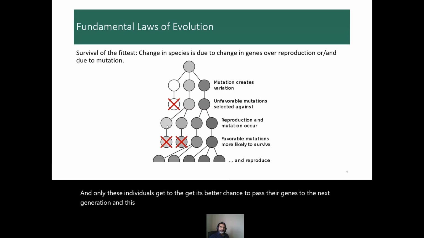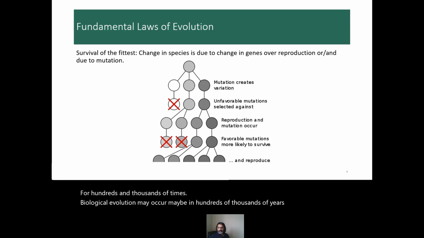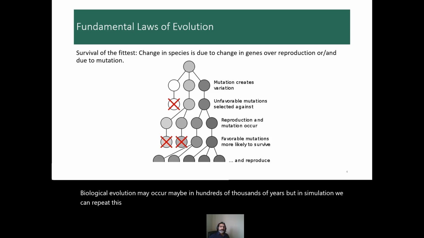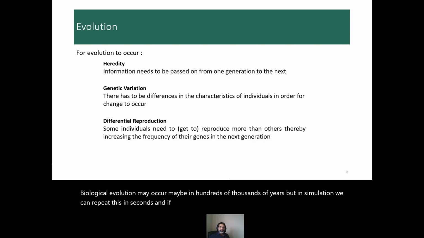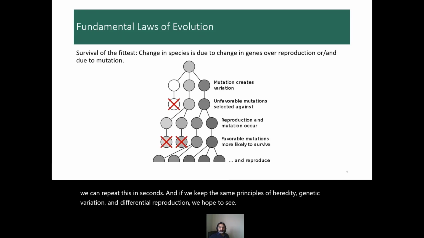If we keep repeating this for hundreds and thousands of times, biological evolution may occur over hundreds of thousands of years, but in simulation we can repeat this in seconds. If we keep the same principles of heredity, genetic variation, and differential reproduction, we hope to see an optimal solution for a given problem.